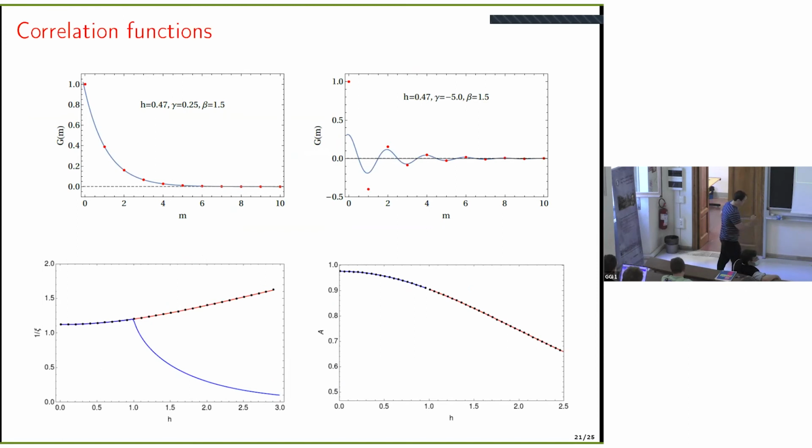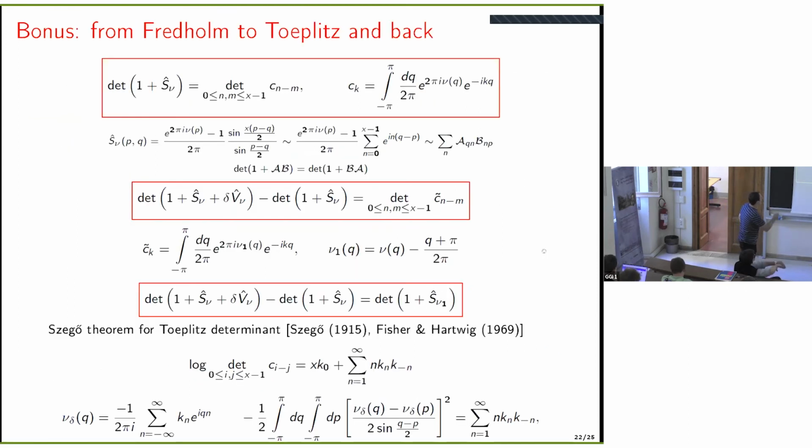Okay, very good. So now a little bit of bonus, since I have some time. How were correlation functions in these systems normally evaluated? Normally they were not evaluated through Fredholm determinants, but rather through Toeplitz determinants. Toeplitz determinants is just when the matrix function depends on n minus m.